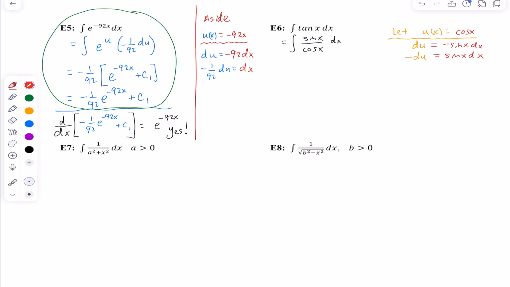We are ready to substitute. And notice you can integrate this rather easily.